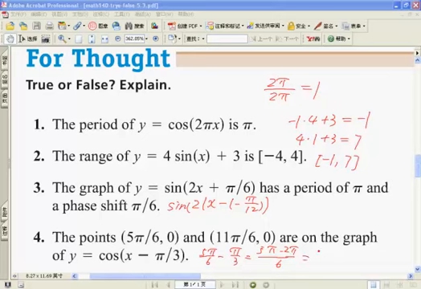So that is 3 pi over 6, which is half pi. Cosine of half pi is equal to 0, right? Similarly, you may plug 11 pi over 6 into this function. You also get 0. So these 2 points are on the graph of this function. So it's true.